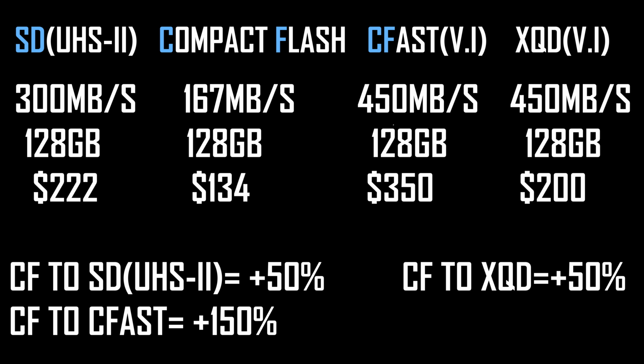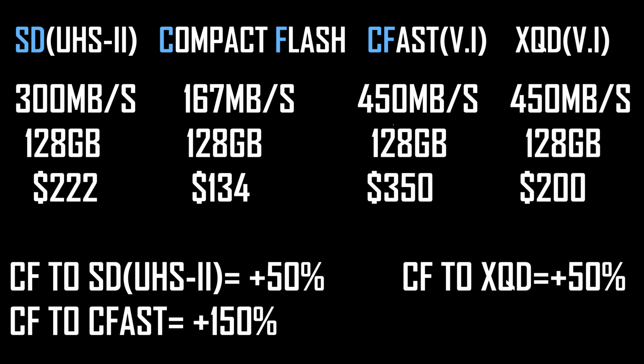I do like the CFast card as the next alternative for me, but for version 1 of the CFast card, you're maxing out at about 450 megabytes a second, with a price tag of about 300 and change. But that's more than double the price of the CF card. Are you getting that much in performance?